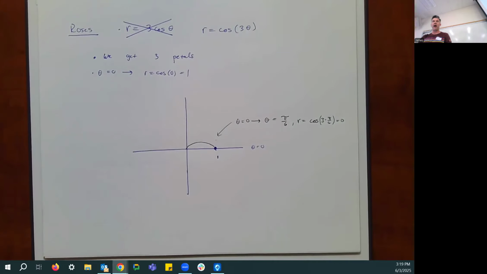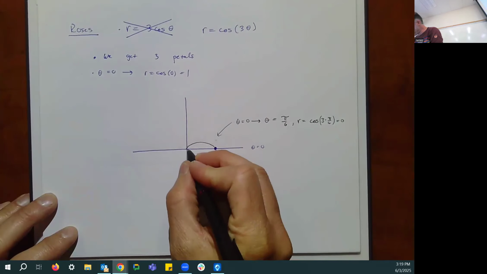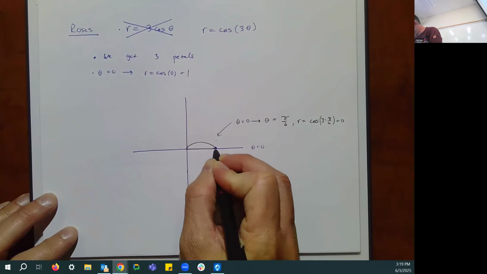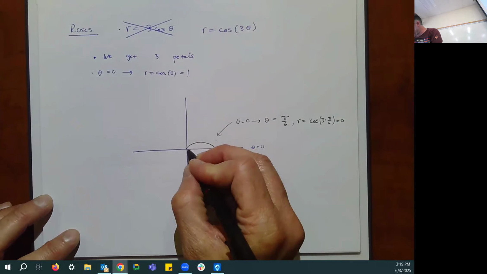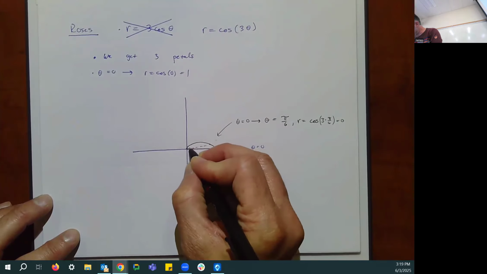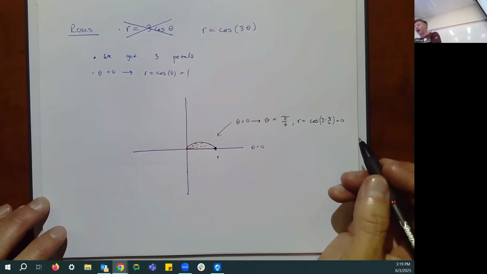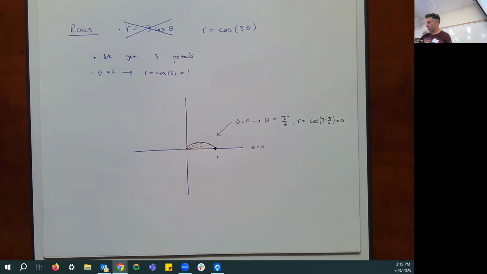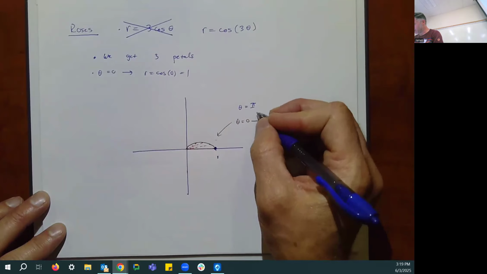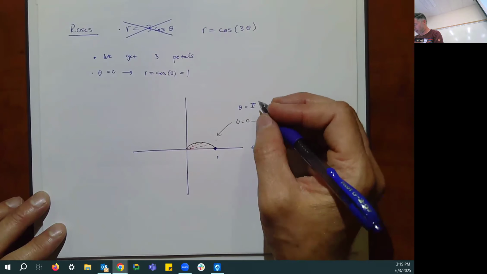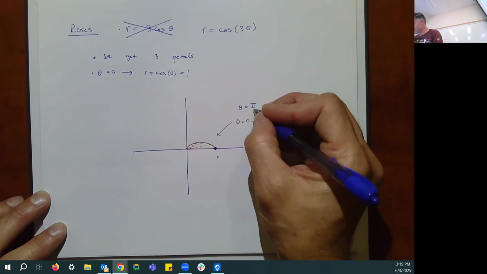So far, here's what I've graphed without saying it. Right here, r was equal to 1 when theta was 0. And then at a smaller angle, r was a little bit smaller, and so on. So like when theta was pi over 18, for example, which is certainly between 0 and pi over 6, or let's go pi over 9.